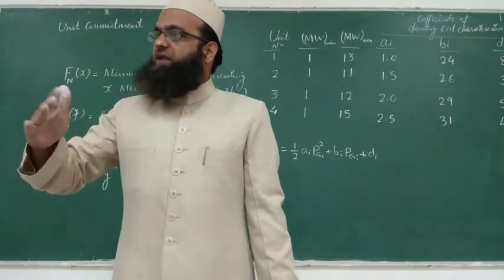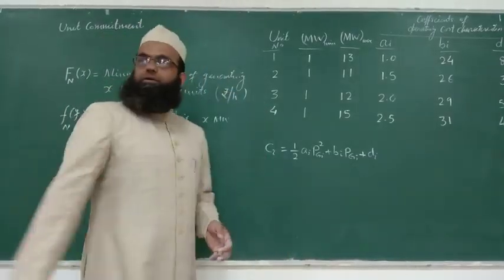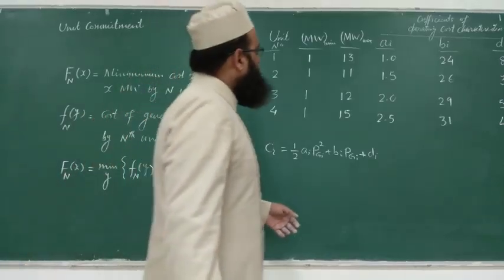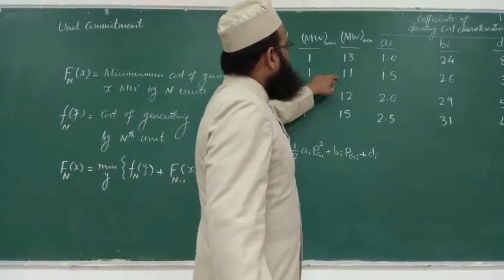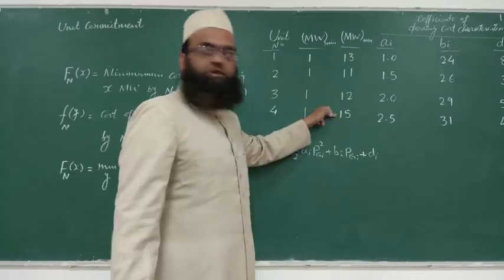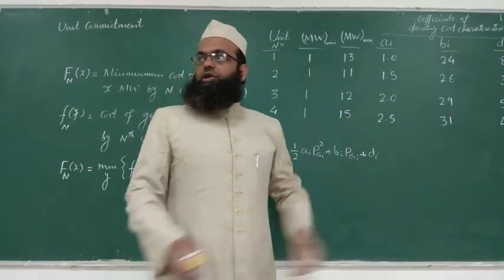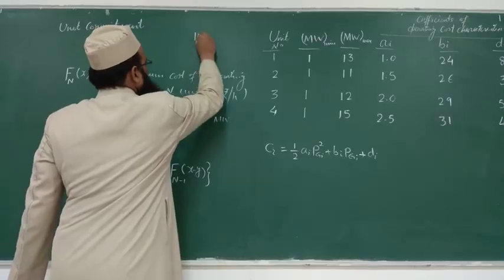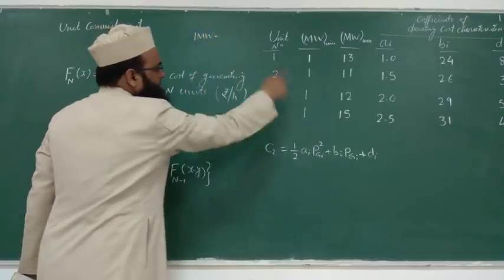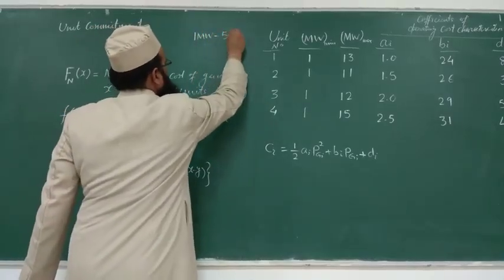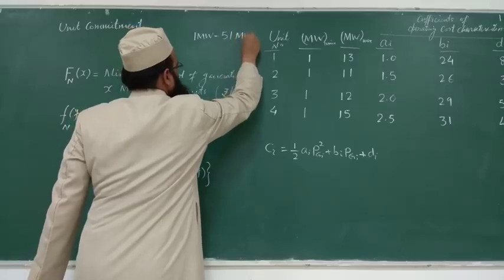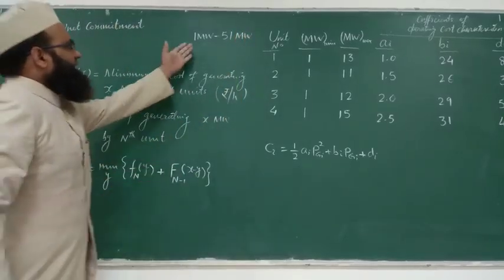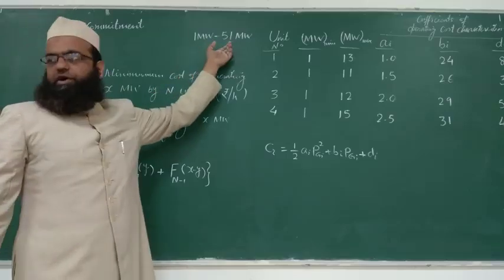So starting from that, what is the upper capacity? So okay, 13, 11, 24 plus this, whatever comes out. So these are the complete range. What is it coming out to be? 1 megawatt to 51, okay, for this set of data.